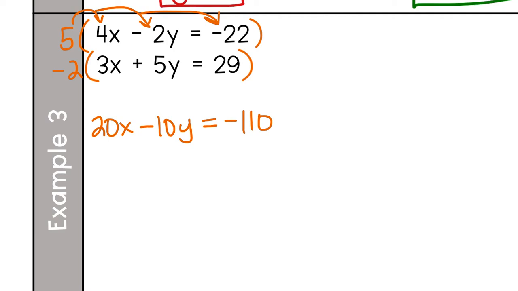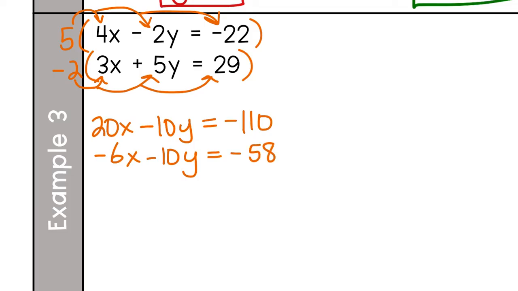Okay, second equation, what is negative 2 times 3? That gives me negative 6x. Negative 2 times 5 is negative 10y. And then negative 2 times 29 gives us negative 58.